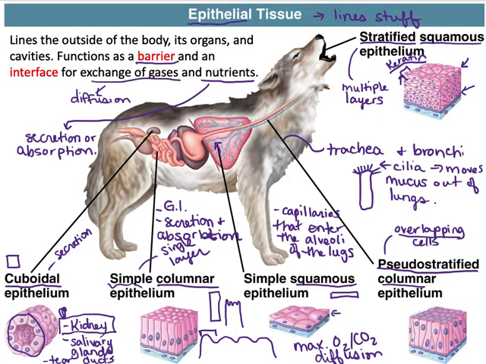So another thing about stratified squamous epithelial is that because growth of cells continues, you're often going to find these wherever our skin or our orifice tissues slough off. So sloughing is the removal of these outer layers on a continual basis.